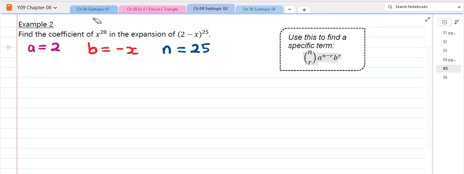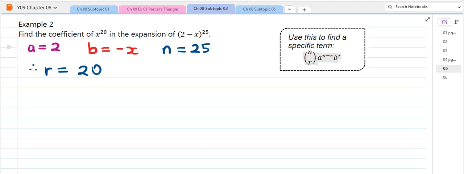The power of the negative x should be 20. So b to the power of r, r must be 20, because it is on b.